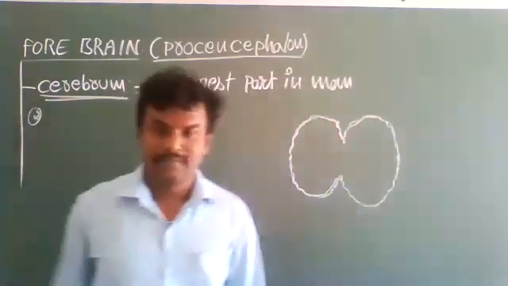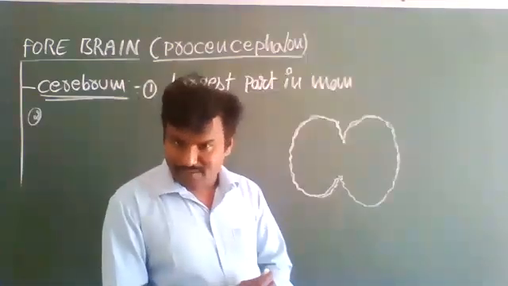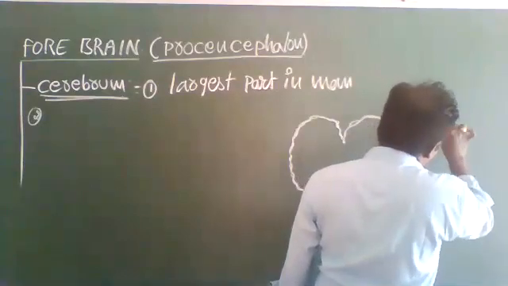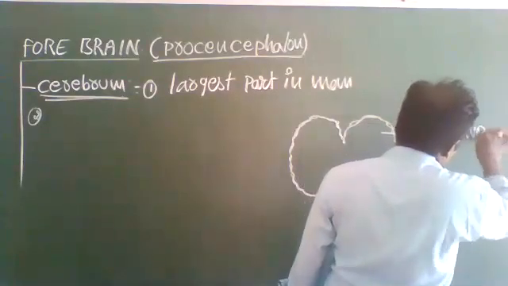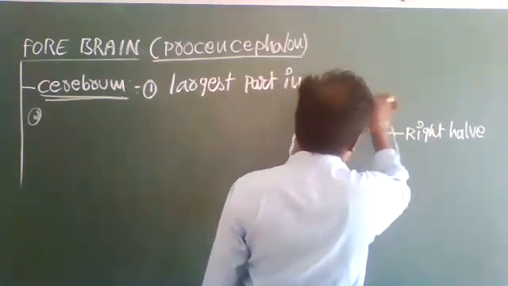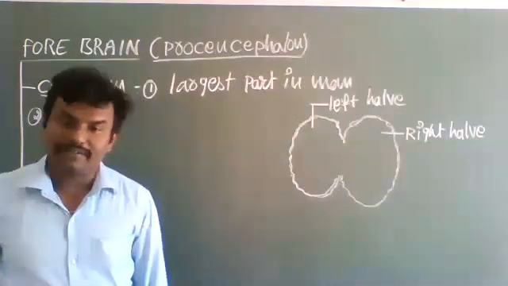The cerebrum consists of two equal halves, one is the right half, another one is the left half.